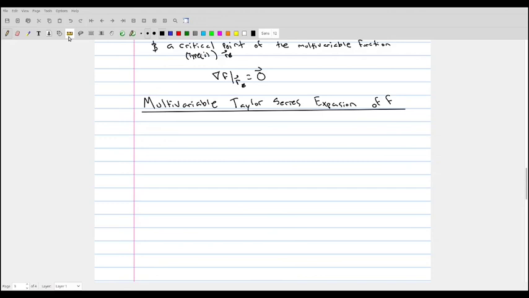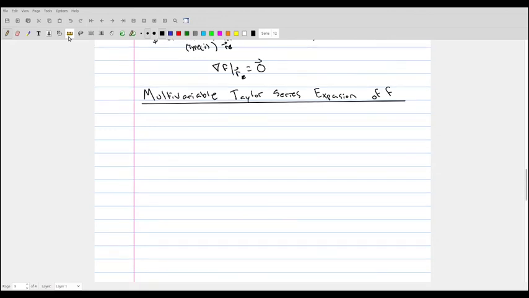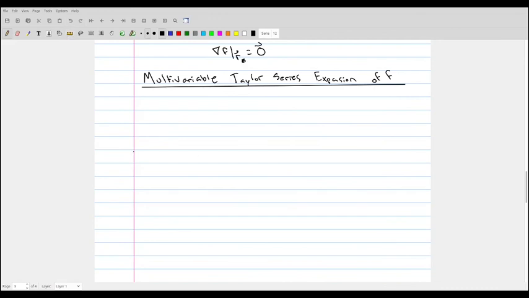And it turns out that the main thing that this second derivative test depends on in the multivariable Taylor series expansion, just like in the single variable Taylor series expansion, is that it's going to depend on all of the second partial derivatives, or the Hessian matrix of this function.